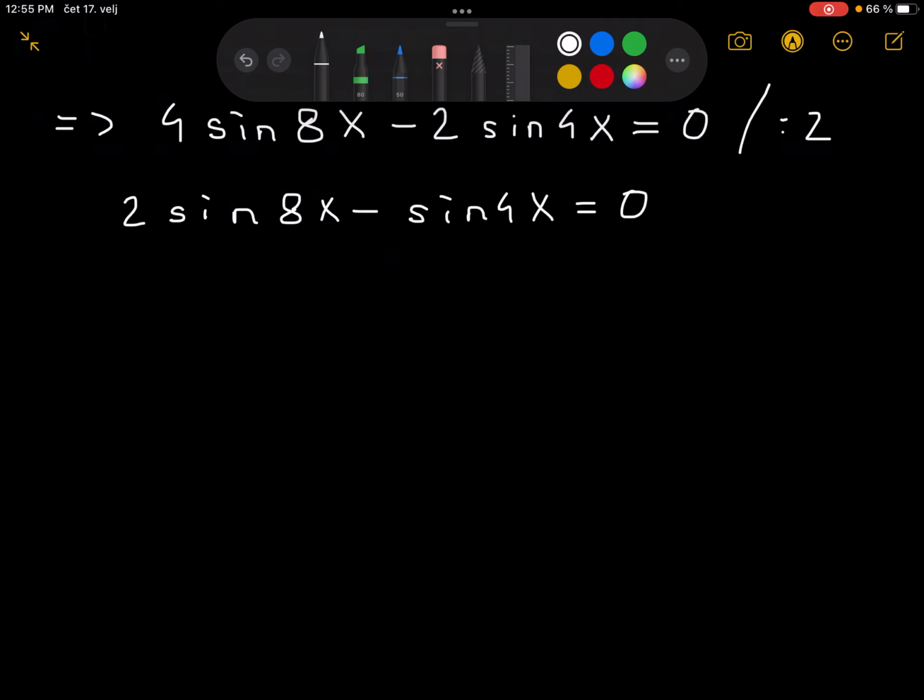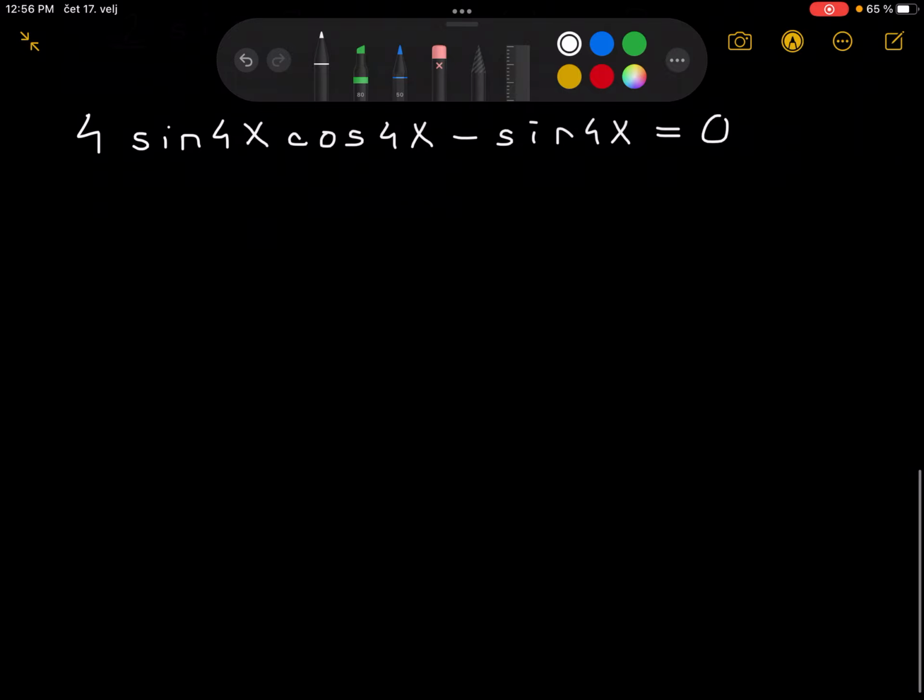And the sine of 8x can be rewritten as 2 times the sine of 4x times the cosine of 4x, and times this 2, which we already had here. That is going to be 4 times the sine of 4x times the cosine of 4x minus the sine of 4x, and all of that is equal to 0.